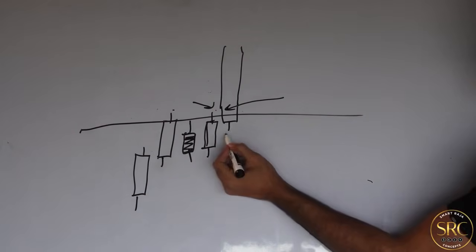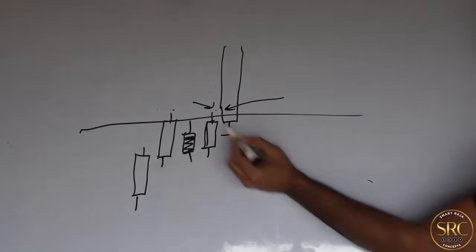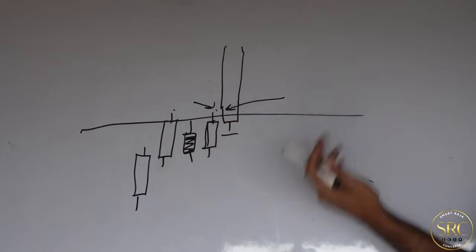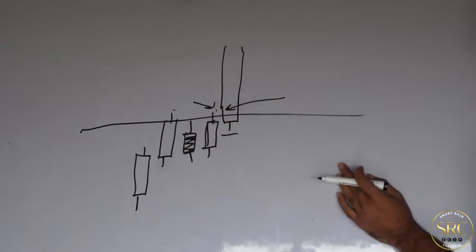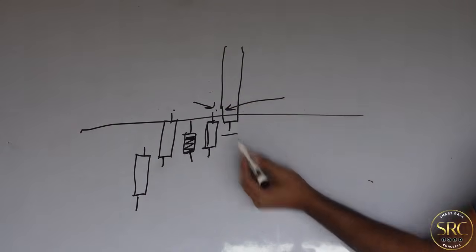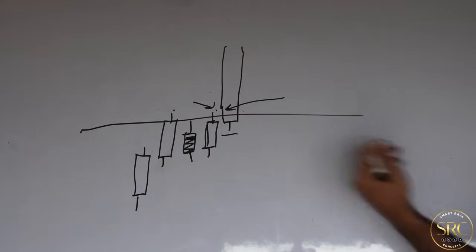And my stop loss could have been below this candle. Because if we're breaking above this high, we're making a higher high at this point. There's a very high probability we're making a higher high. And at the same time, if we're making a higher high, then there's a higher probability we're also making a higher low at this point.